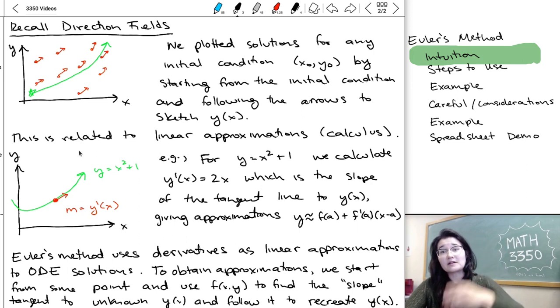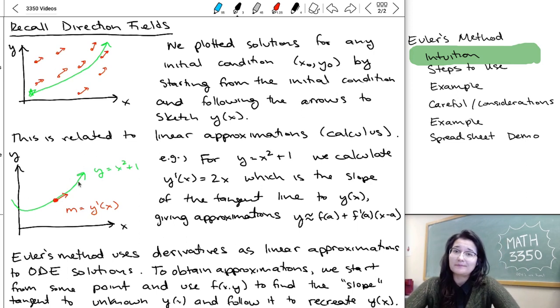So the way these two things are different is in calculus you started with y, and then for some reason you went to a point and you could create the tangent line approximation to it. In this case, it went the opposite direction. We have the tangent line approximations, we know what the derivative is, but we actually don't know what y is. We need some kind of fancy new integration to get it, but for now, we can just follow those tangent lines to recreate or draw the solution y that we want to see.